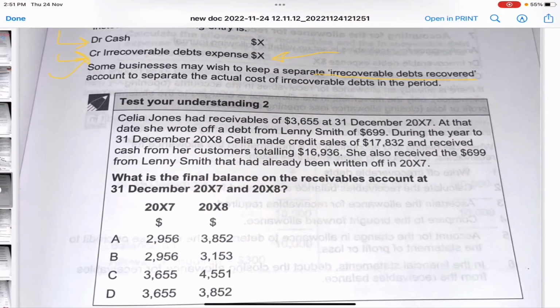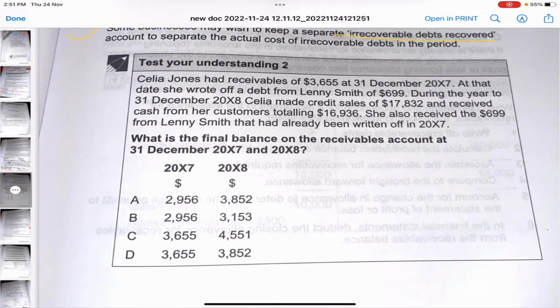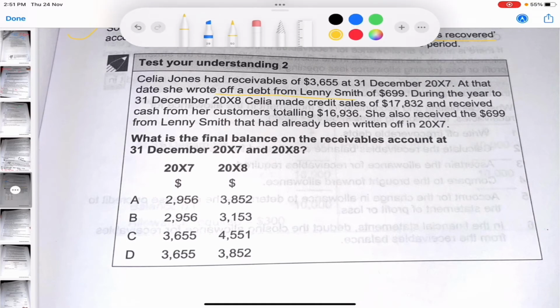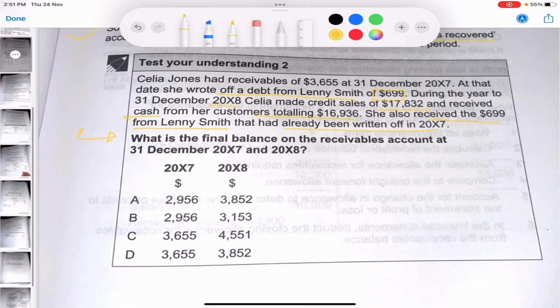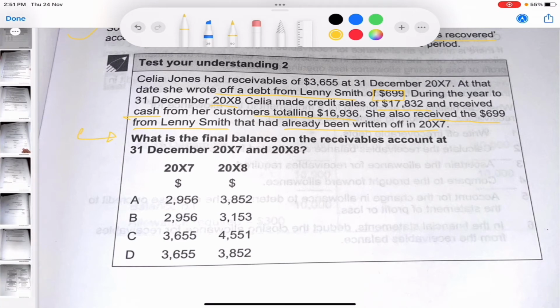Now let's quickly do the question. Celia Jones had receivables of 3655. At the year end, she wrote off a debt from Lenny Smith for 699. During the year 2008, she made these credit sales and received cash from her customers this much. She also received this much from Lenny Smith, which had already been written off. What is the final balance in her account? Okay, let's do this.